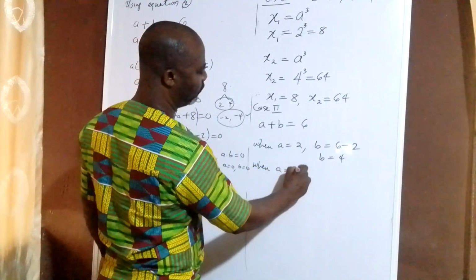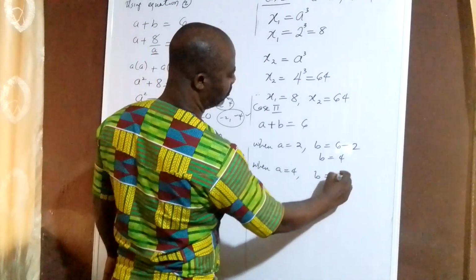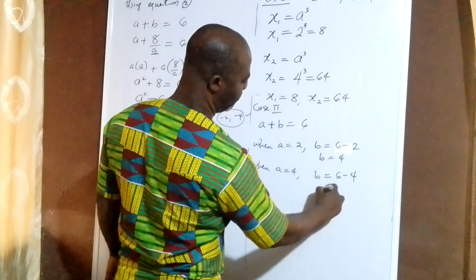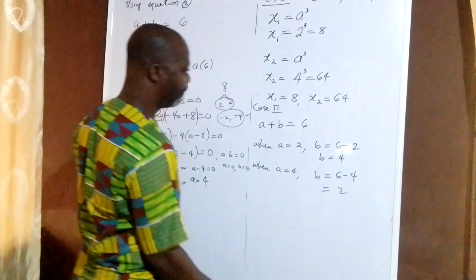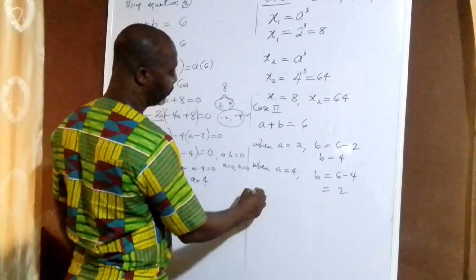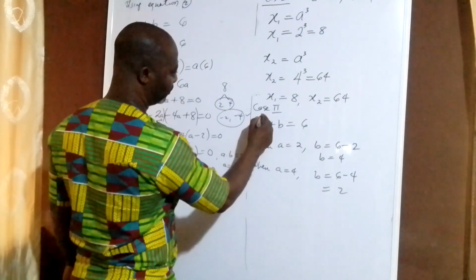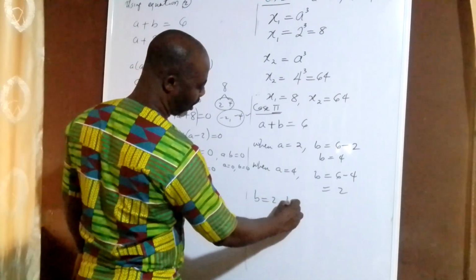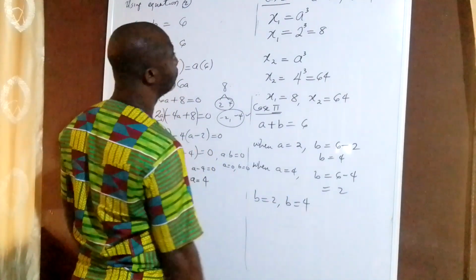When a equal to 4, b will be equal to 6 minus 4. So that means b will be equal to 2. Therefore, case 2 will be b equal to 2 and b equal to 4.